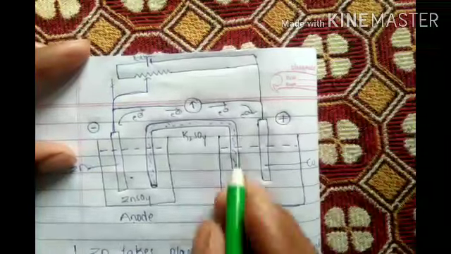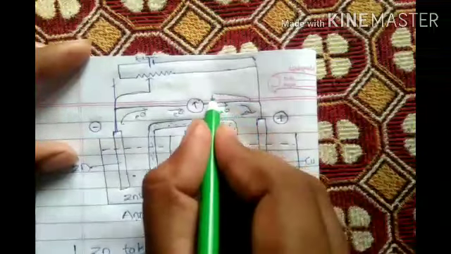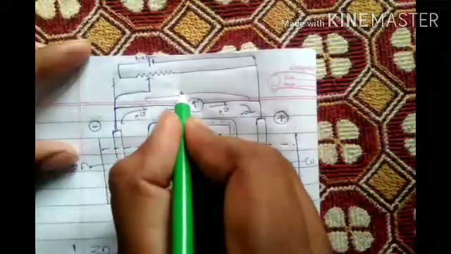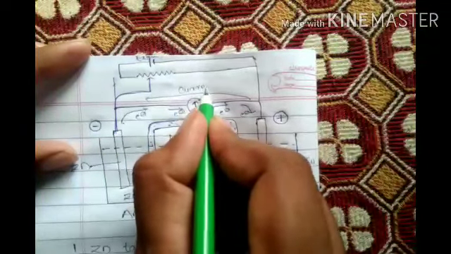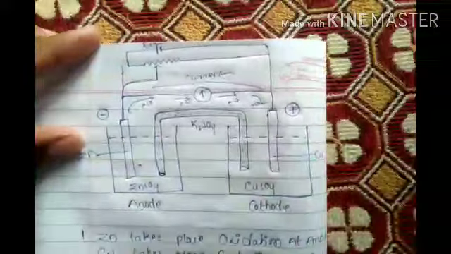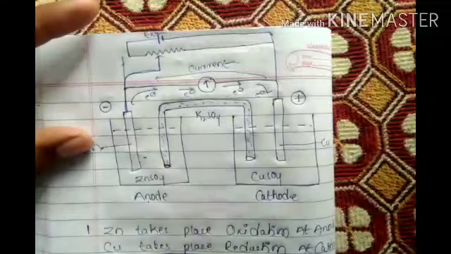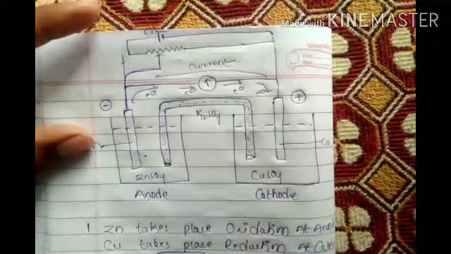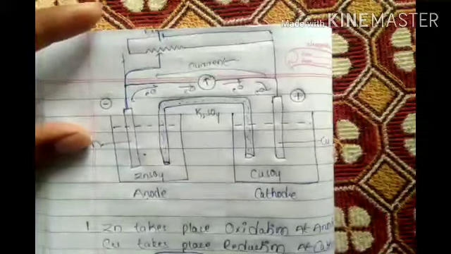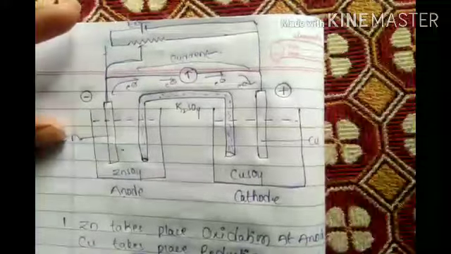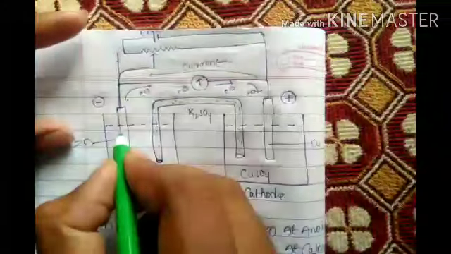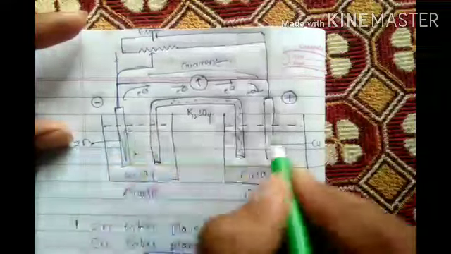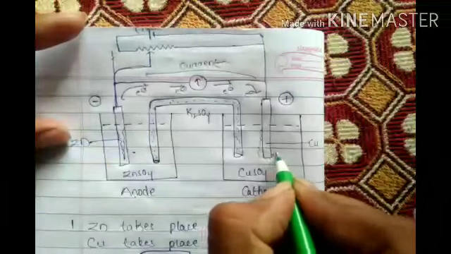At that time the current is going quite the opposite way. Take the current diagram. Next, after some time what will happen? This will decrease in weight, this will increase in weight.